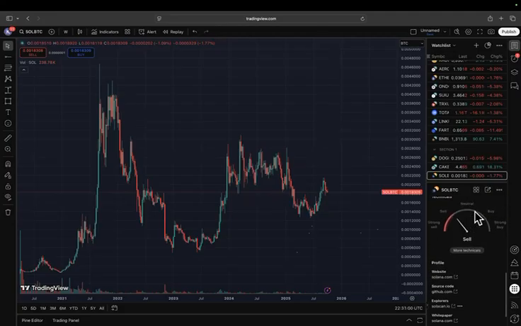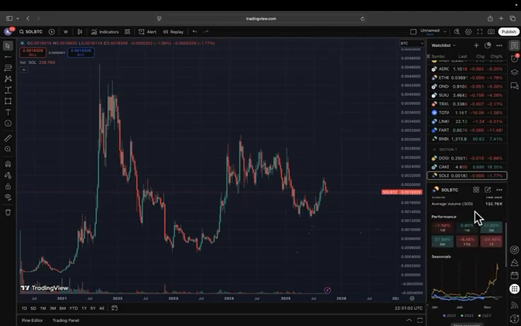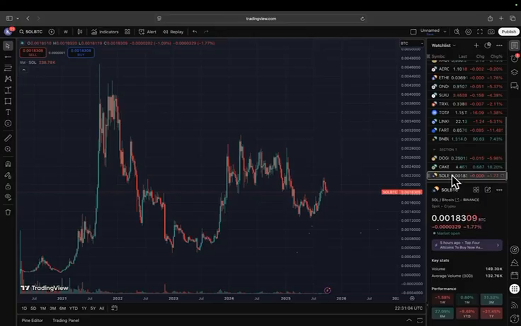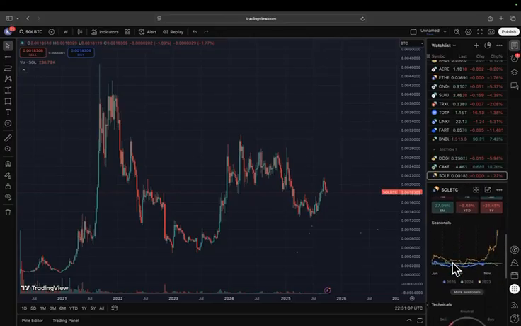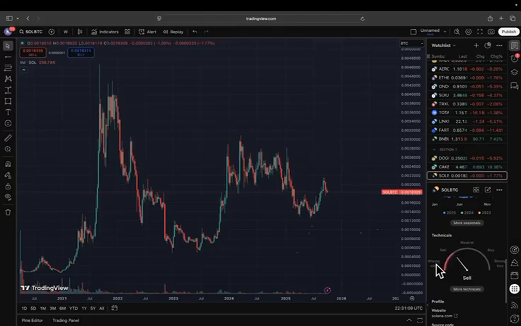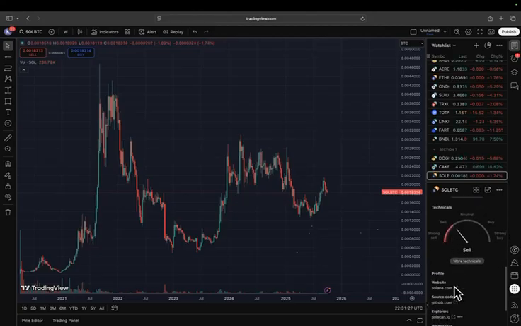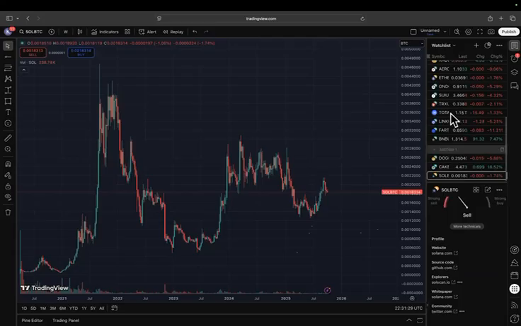Also, because of this chart that we are on, you come here and you will see that there is a strong sell. This is a market indicator that sometimes I use as well. But remember, the textbook says whenever you see sell, you buy, and whenever you see strong buy, you sell. So yes, some news articles normally appear down here, but I don't know if your TradingView is like that.